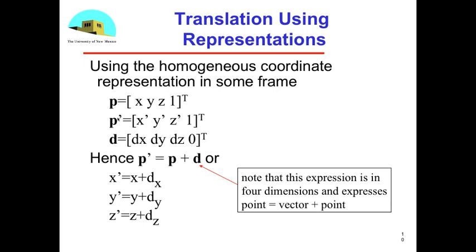Well, it turns out if you stay with 3 by 3 matrices, there's absolutely no way to do that. You can fool around with it, it's not going to work. You can't do it in 3 space. But if you go to 4 dimensions, you can find a matrix that you can multiply p by, based on d, and that will give me p prime in homogeneous coordinates.